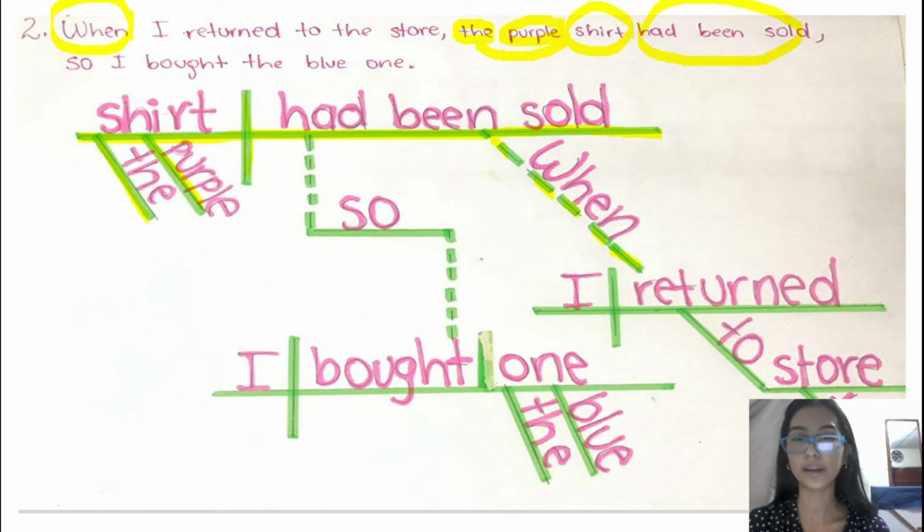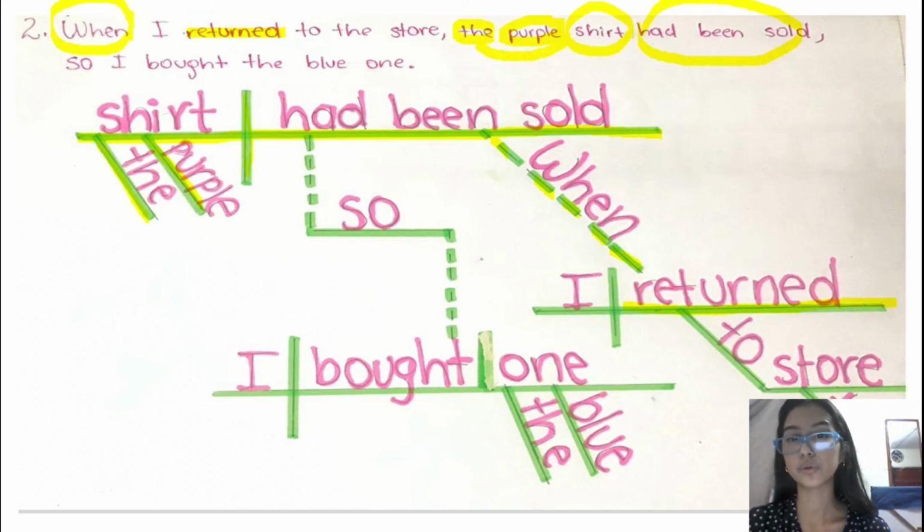So when, the subordinating conjunction, is going to join the verb of the independent clause and the verb of the dependent clause. That is here. We are going to write it on a horizontal line.